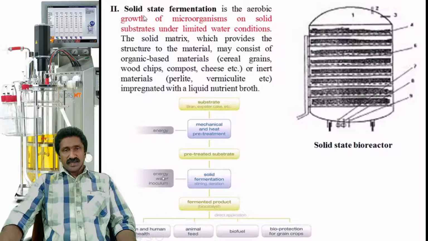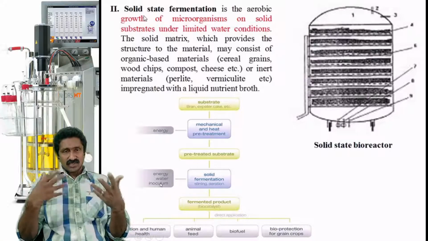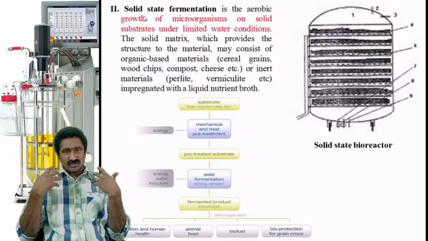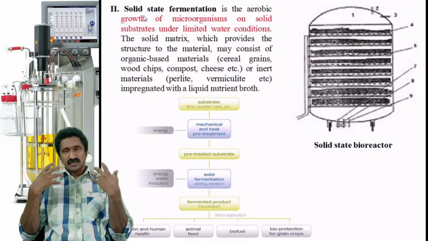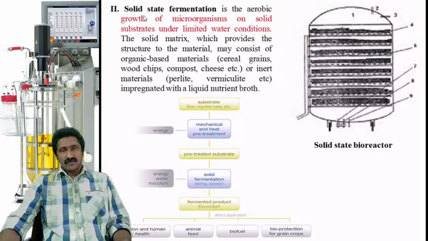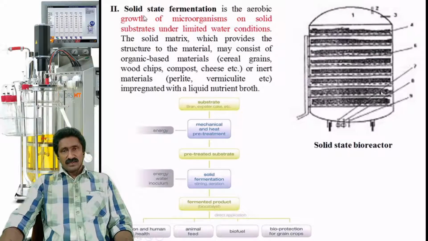This is also supplied with various forms of energy like mixing or aeration, then limited water supply, then inoculum, medium, etc. And such inputs will be given to this pre-treated substrate.